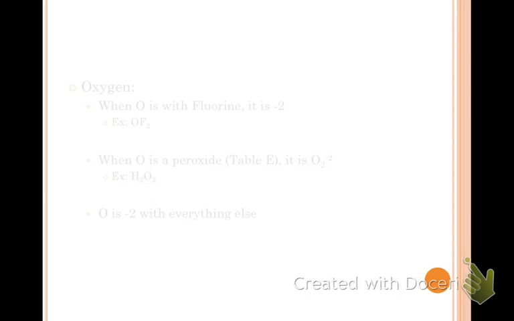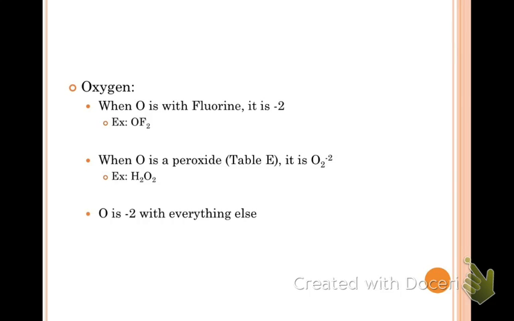The next rule deals with oxygen. So oxygen has a few little funny rules. When oxygen's with fluorine, it's going to be a +2 charge. So here we have 1 oxygen and 2 fluorines. So let me just put this off to the side. I have 1 oxygen, and it's with fluorine, so it's going to be a +2 charge.